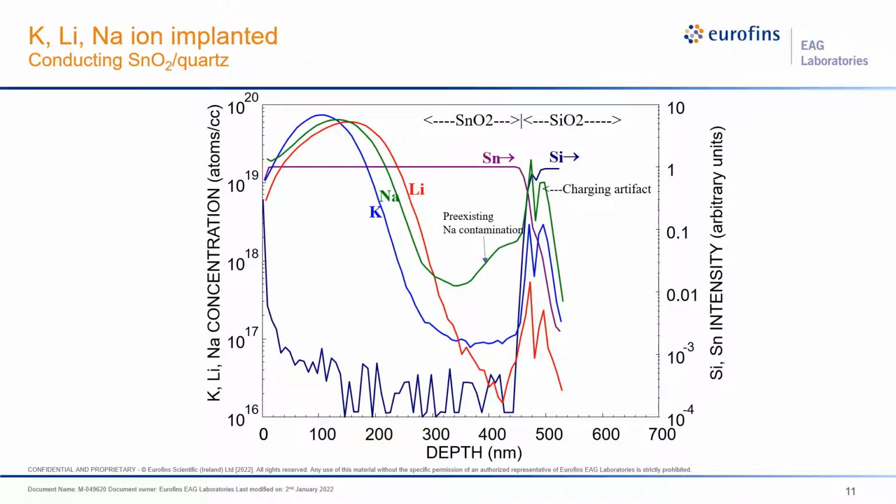These are a series of alkali implants into conducting tin oxide. The shapes of these profiles, done by ion implantation, can be checked against the theoretical distribution of these elements.